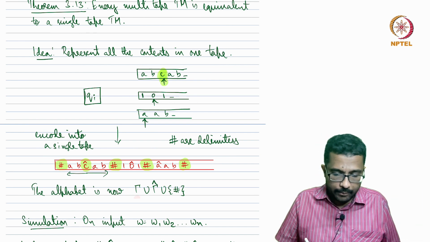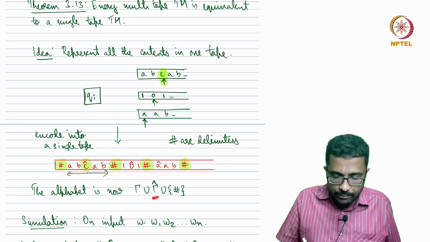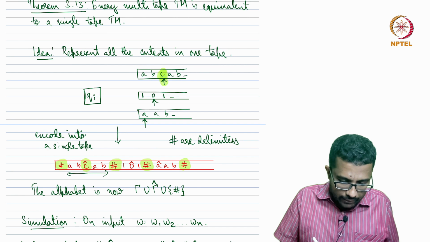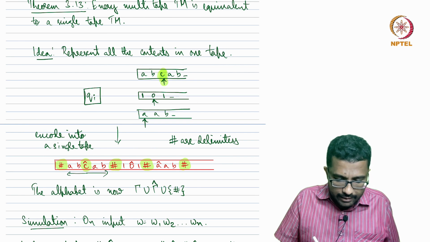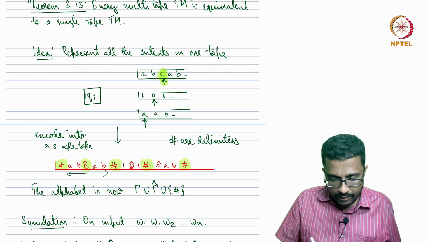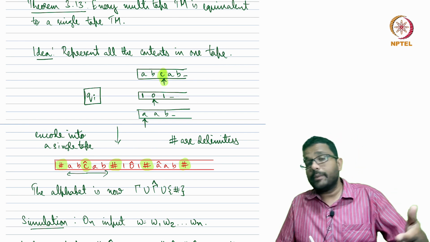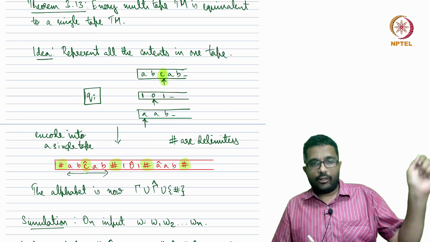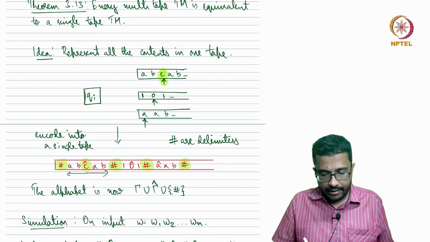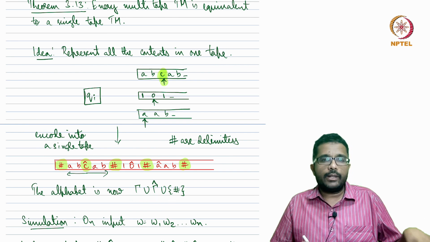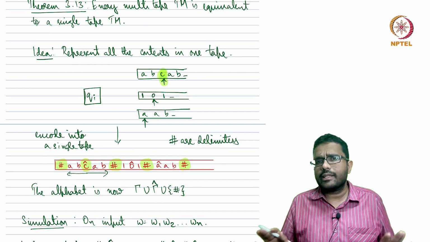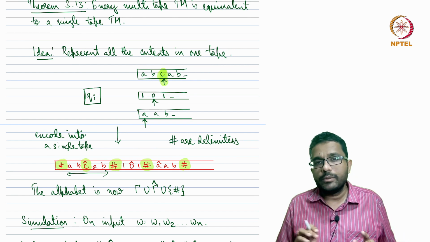The new tape alphabet also needs every symbol with a hat on it, because now it is C with a hat, but the next time the tape head moves to the right, I may need A with a hat. Similarly, in the second tape it is 0 with a hat, and the next time I may need 1 with a hat. So for every symbol I also need the equivalent with a hat, and I also need the delimiter hash. So if the original alphabet was size 10, now I need an alphabet of size 21, but that's all you need. It's not really a huge blow up.